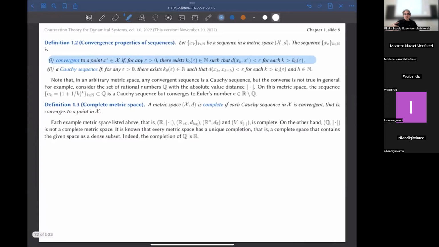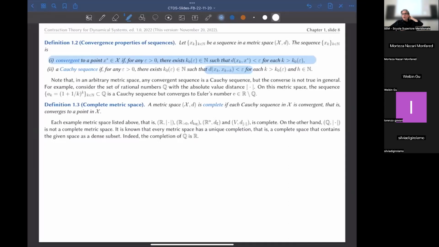But then, on a metric space, there's another notion of convergence, and that's Cauchy convergence. The sequence is Cauchy if for all epsilon there exists a sufficiently large kappa, such that if you look down the sequence, you take a point kappa, and then you take another point kappa plus h, and that distance is below epsilon. So that's the Cauchy sequence.